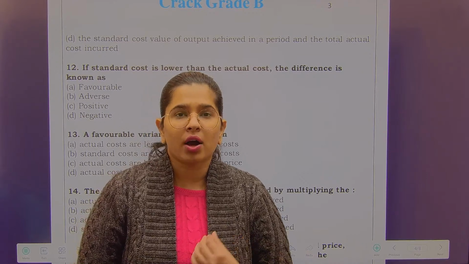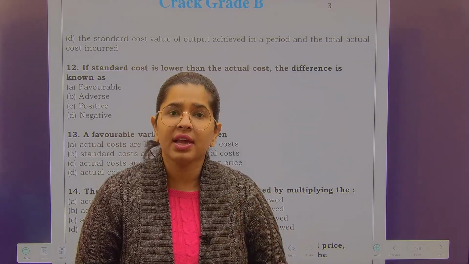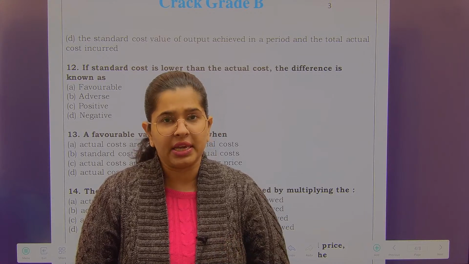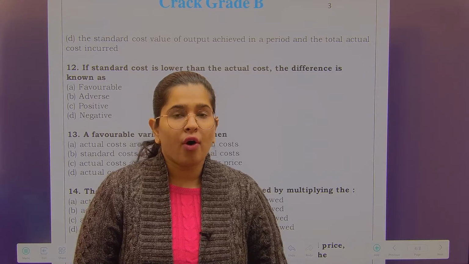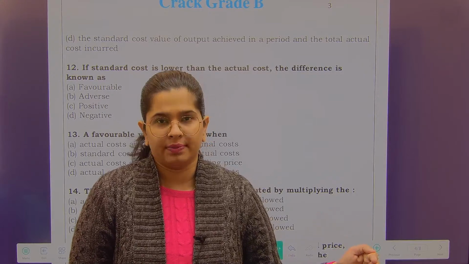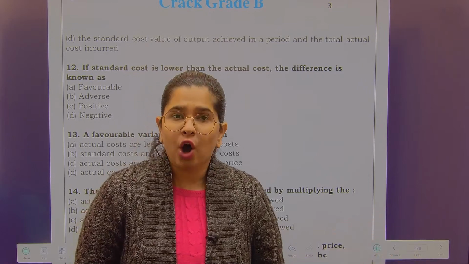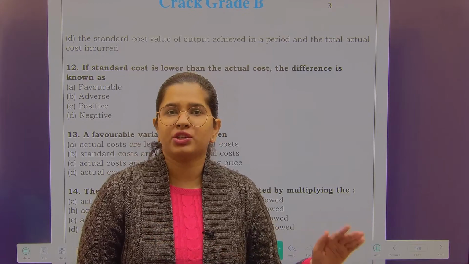But whenever we talk about cost, now the face off is between option C and option D. Option C says standard cost value of the budgeted output and actual cost incurred. Option C talks about the budgeted output. I do not have any concern with the budgeted output.